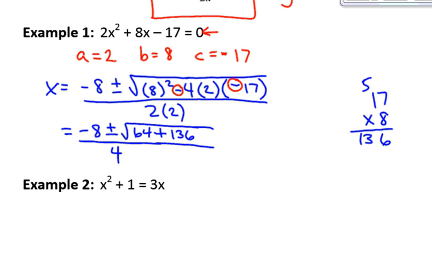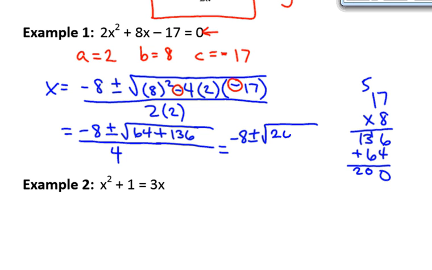That's what I would do for the second step. Now I would add what's inside my radical: 64 plus 136. Again, if you need to do that off to the side, do it. That's going to be 200. So we have the square root of 200 divided by 4.